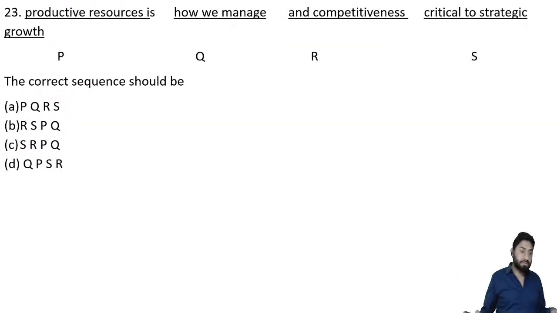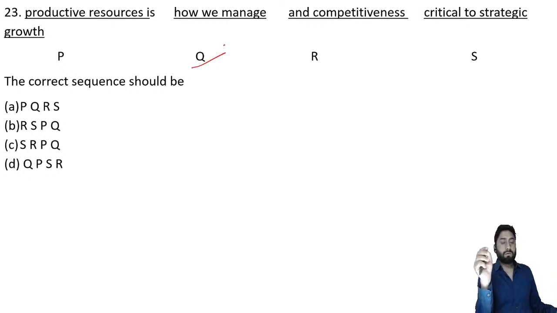Next, I think it's the same, it's the correct one. We'll keep cross checking so that there is no problem in our sentences. Now, the productive resources is how we manage, and competitiveness critical to strategic growth. Let's see the options. If you see Q, how we manage productive resources.